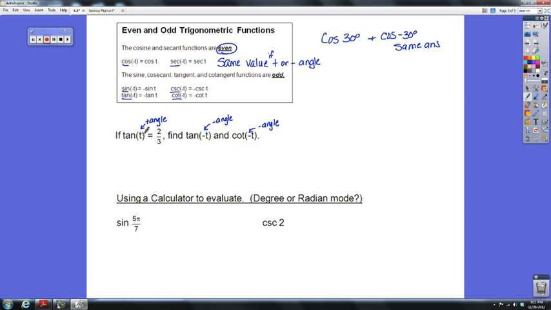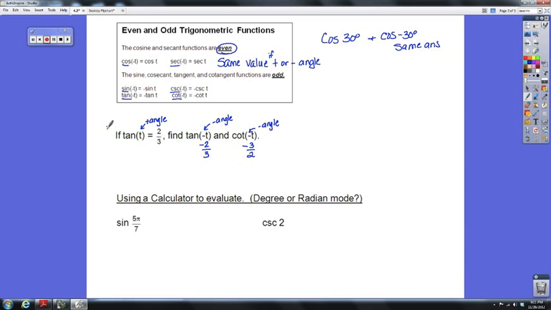If tangent of t, your positive angle, is 2/3, then tangent of your negative angle would be negative 2/3. That's all, because it's odd. And then cotangent of the negative angle would also be negative, and cotangent would be the reciprocal, so you would flip it.